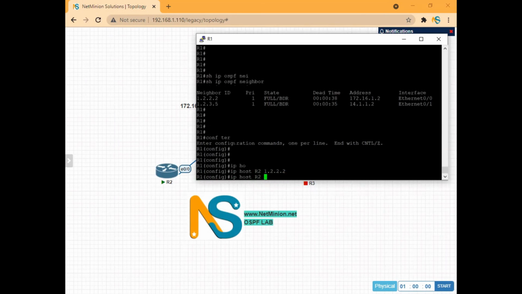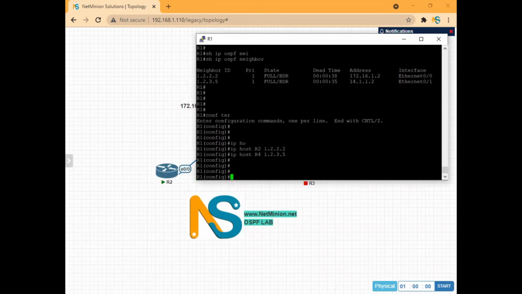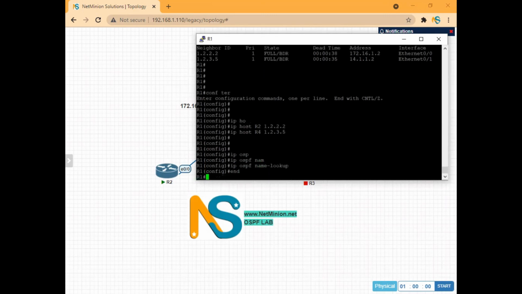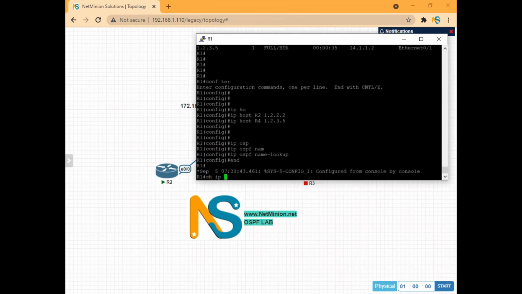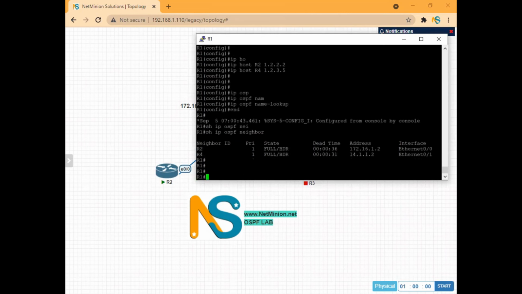Then I am going for R4, and here the IP is 1.2.3.5. And one command which I need to run is IP OSPF name lookup. And if I run show IP OSPF neighborship, are you guys able to see? Instead of your RID, I can see which kind of router this is configured with.